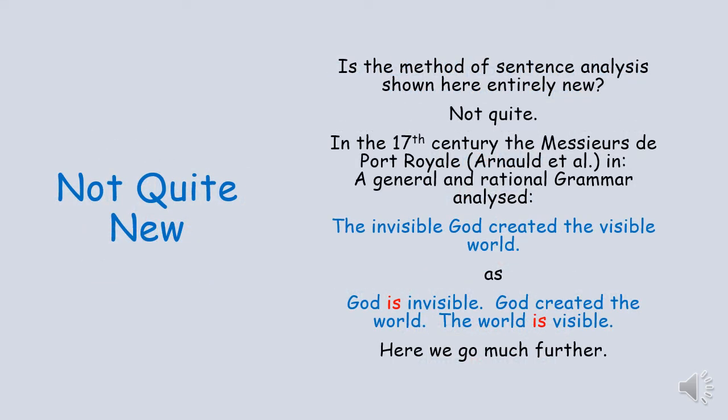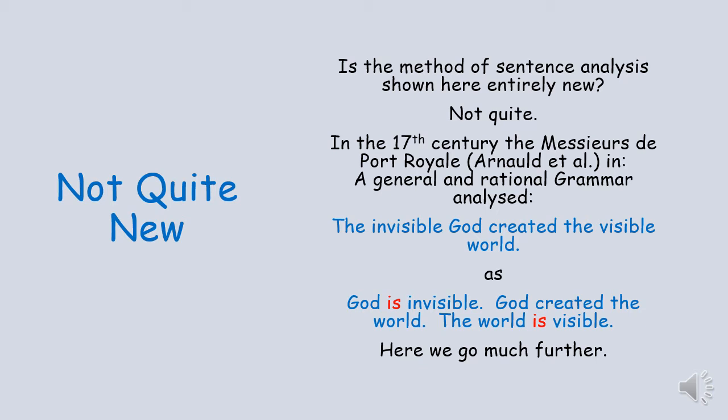At this point in the lectures we're going to take a pause and just address a couple of issues. The first issue is, is the method of sentence analysis which we've been looking at so far entirely new? And the answer to this is not quite.